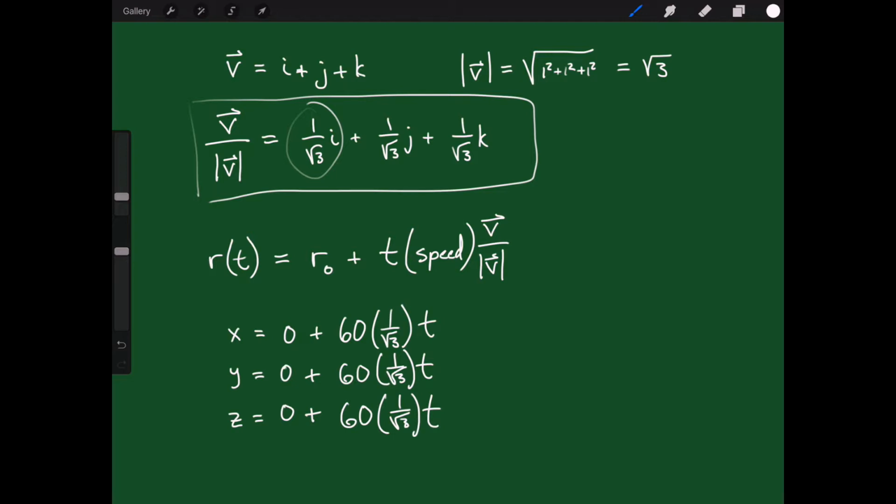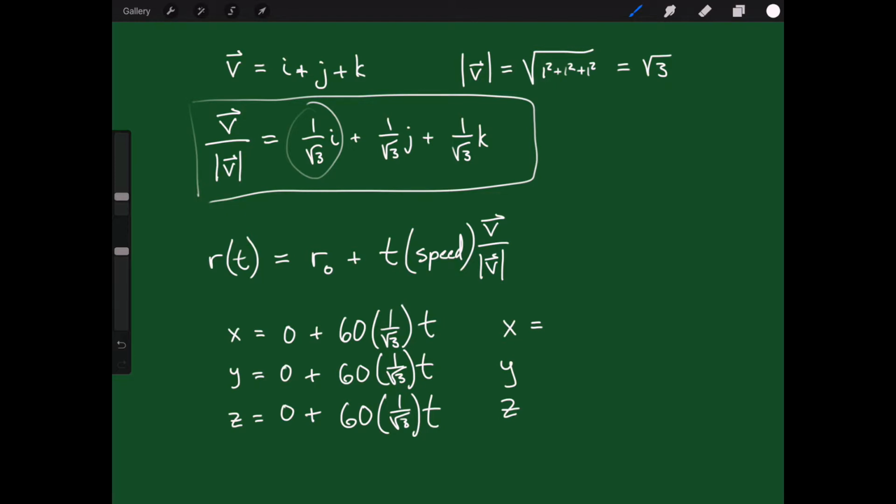And so the question is, where will I be in 10 seconds? Okay? So where I'll be after 10 seconds is the following. What would x, y, z be when t is equal to 10?